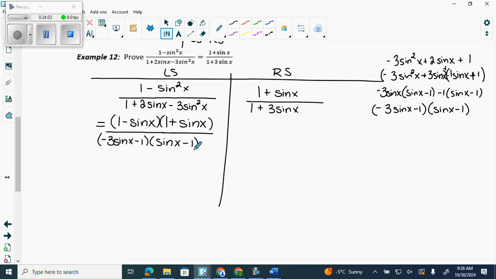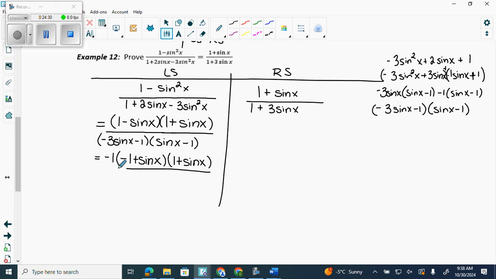Okay, so let's say I take the negative 1 out of the top. It doesn't really matter. If I take a negative 1 out, I'm left with negative 1 plus sine x. And it only comes out of one bracket. It doesn't come out of both. It doesn't change this one. Because if I distribute this back in, it would change to this one, and that one would have stayed the same.